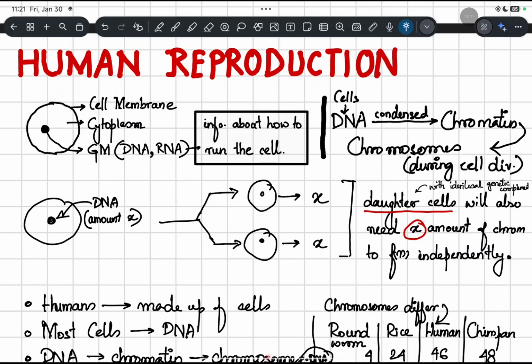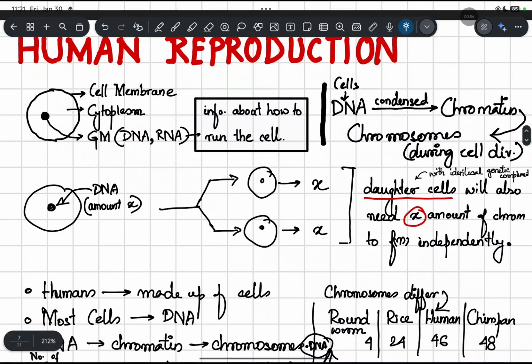As we've read in the previous class, in order to call something a cell, it should have three basic criteria. That is, it should have a cell membrane, a cytoplasm, and genetic material, right? And genetic material stores the information to run a cell.